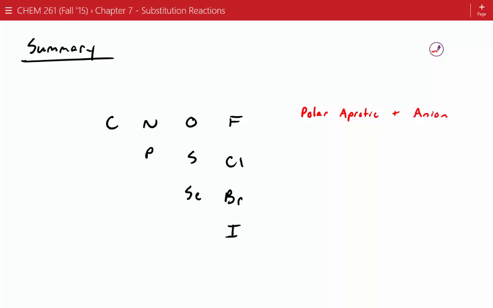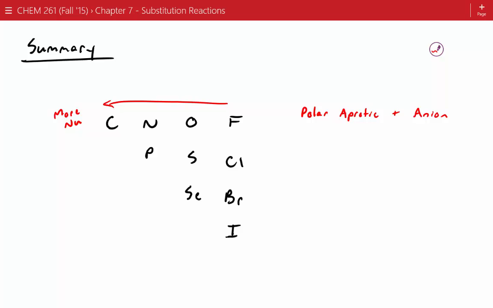What's going to be less stable, a carbon with a negative charge or a fluorine with a negative charge? Carbon. So we can go through and we can say, all right, left to right, this is more nucleophilic. Right? That's assuming we're looking at carbon with a negative charge versus fluorine with a negative charge, right? So polar aprotic gets more nucleophilic as we go right to left across a row.